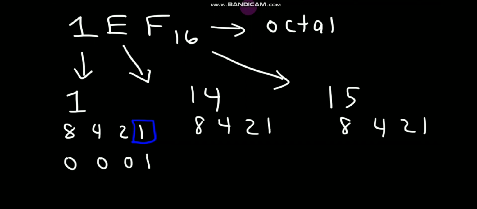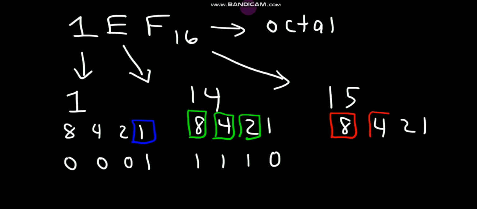Now 0 0 0 and 1 we will consider, only 1 here. How will we get 14? So 8 4 2 1, 1 1 1 0. How will we get 15? We will write 1 just below all the numbers, because we have to add these numbers to get 15. So 1 1 1 and 1 we will get.